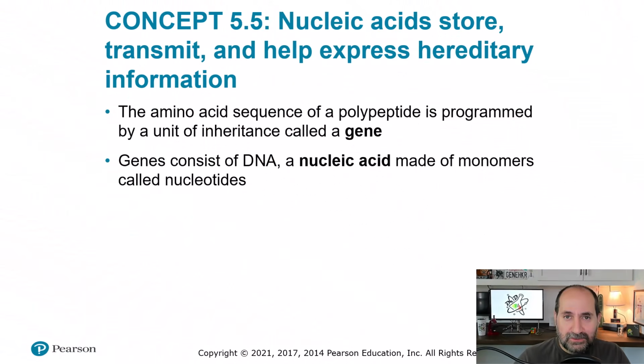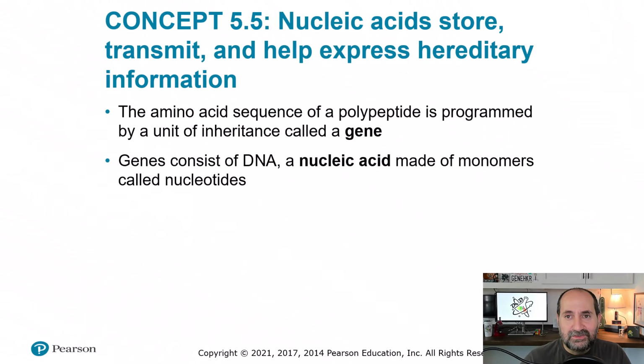All right, welcome back from break time with just Gizmo this time. Finally, we've reached the fourth biomolecule, which also happens to be a macromolecule. These are the nucleic acids, DNA and RNA. Now remember, the amino acid sequence of a polypeptide or protein is programmed by a unit of inheritance called a gene.